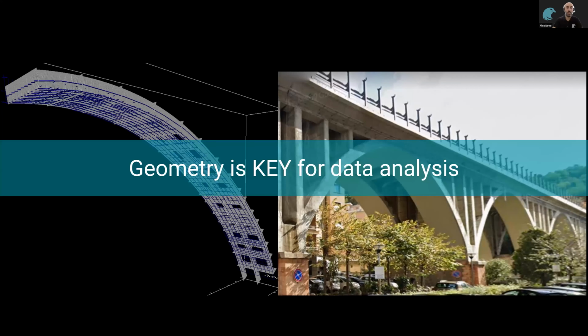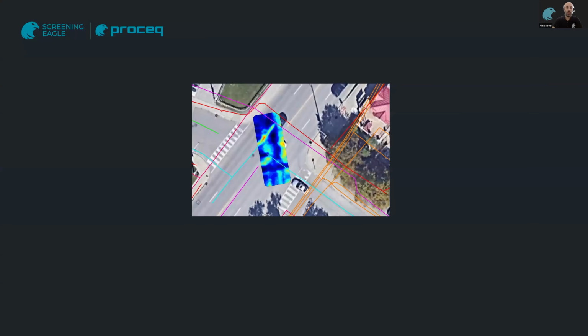Why? Because geometry is key for data analysis of complex structures like this one. So this is another reason why you might need to do some extra effort in data analysis, and we'll see how much of an effort it is, or used to be, and how much it is now with Insights.